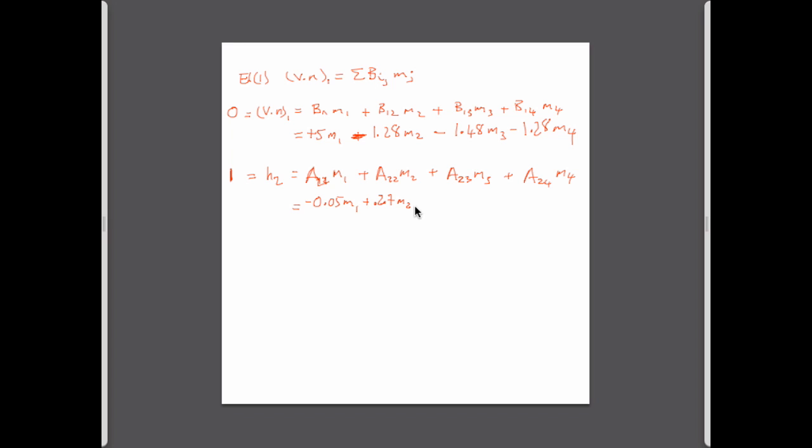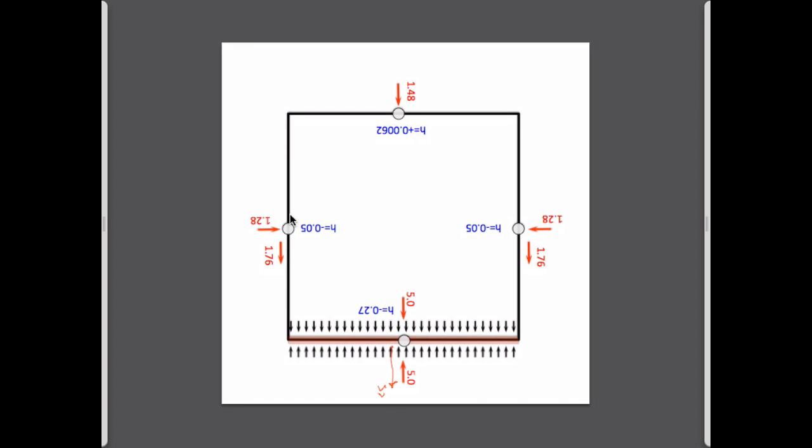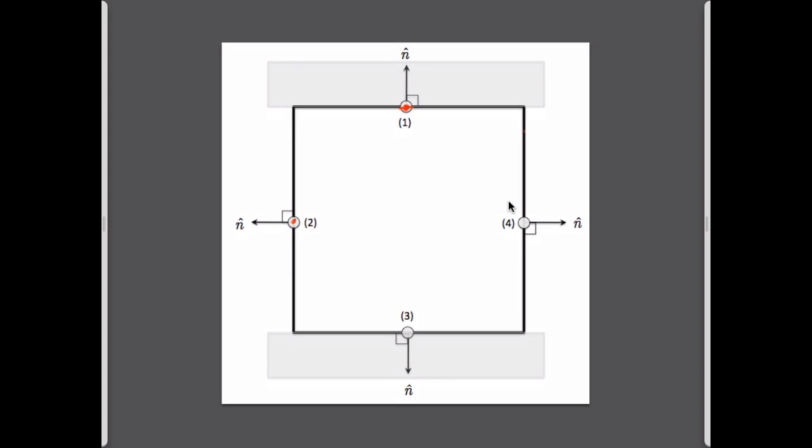And so the next one would be 1 on the third element, put down on here, and its influence on this one. And so that would be this, as it turns out. So it would be minus 0.05 times M3. And just for completeness, let's finish it off.